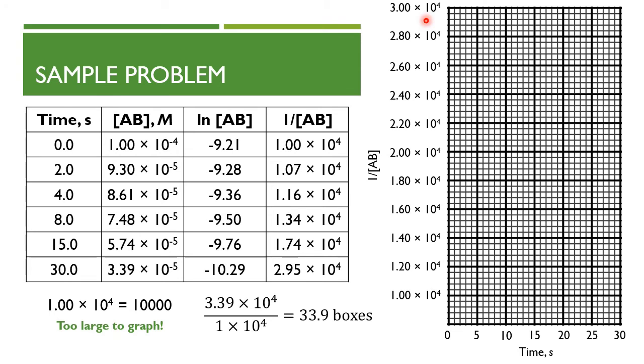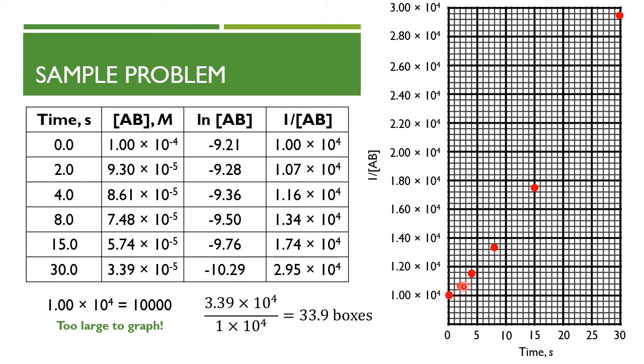Now, plotting the values here for time and the reciprocal of the concentration, at time 0, the value for the reciprocal is 1 times 10 to the power of 4, giving us a data point around here.